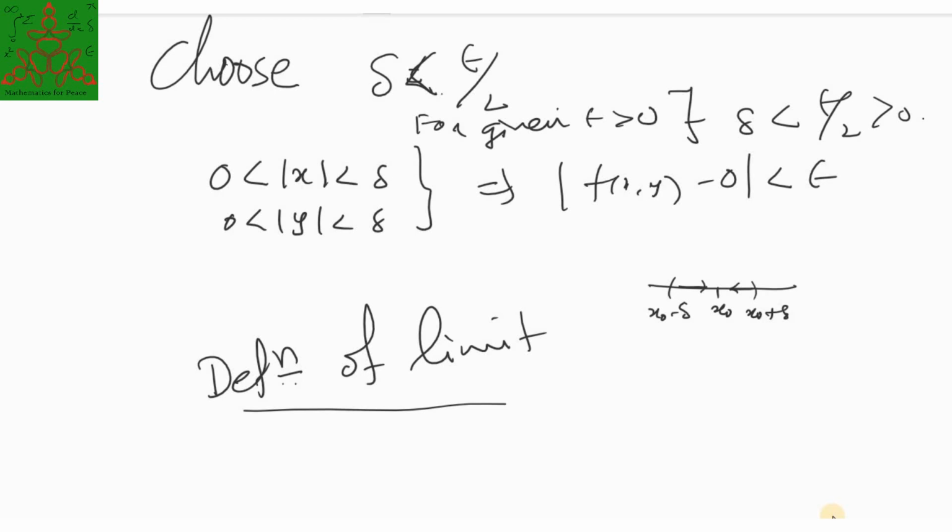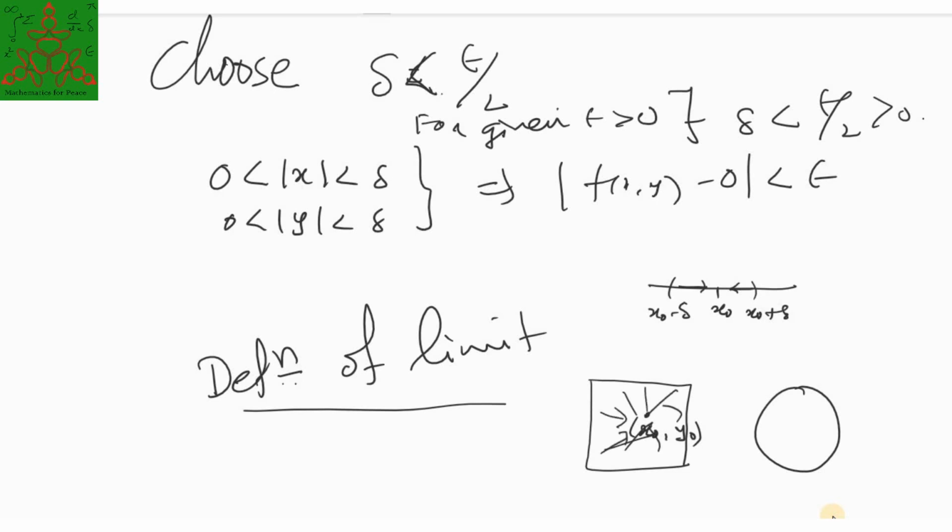But in the case of two variables, if you have the point (x0,y0) in a plane, you have a neighborhood, which you can take as a rectangular neighborhood or spherical neighborhood, whatever you like. But now there are many paths going towards this point. It is not just two paths.